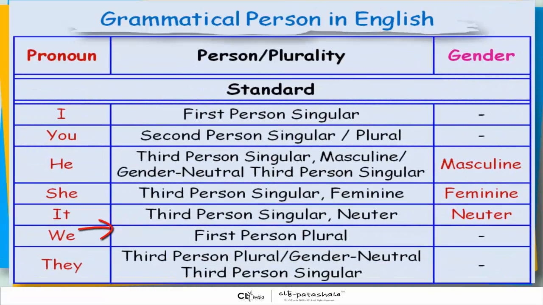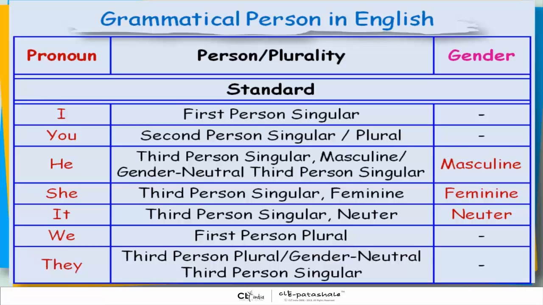The pronoun, the person or the plurality and the gender can be seen below. I is the first person and it is singular. You is the second person which is either singular or plural. He is a third person singular and the gender is masculine.